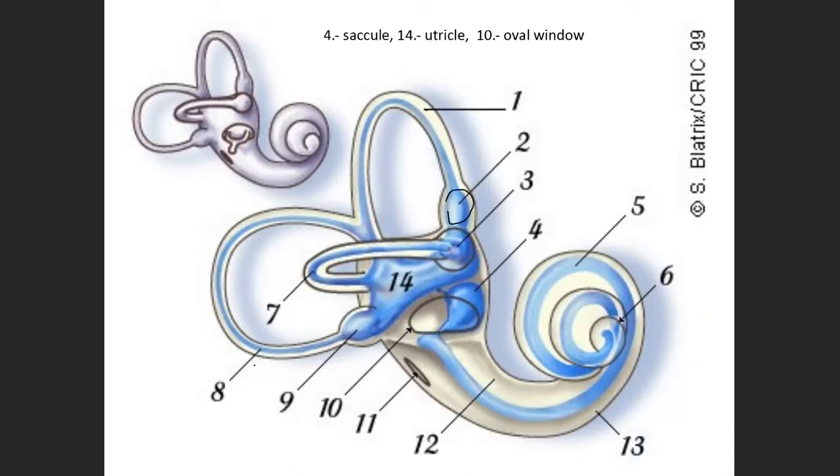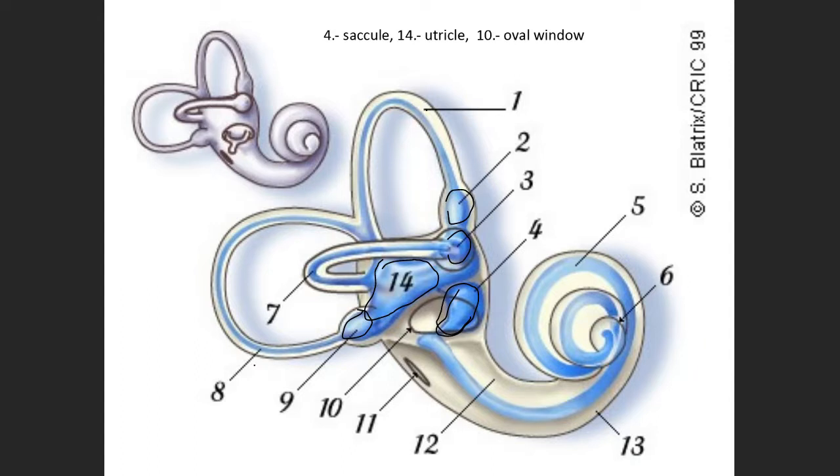These 2 will be the ampulla. That will be another ampulla. This is another ampulla. That's where the receptors for dynamic equilibrium are found. Number 14 is the utricle. Number 4 is the saccule. And inside those, we're going to find the receptors for static equilibrium.